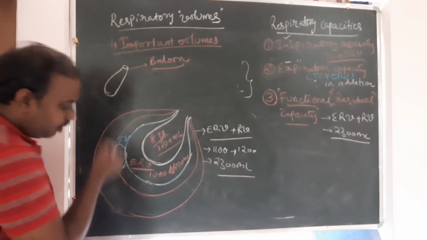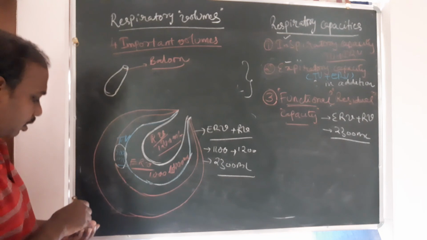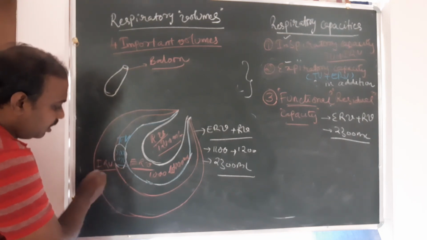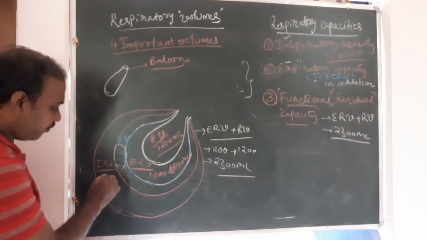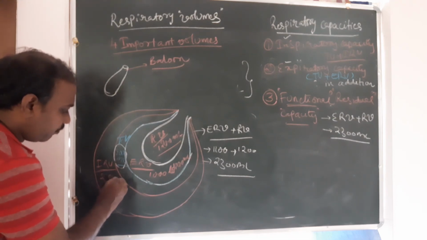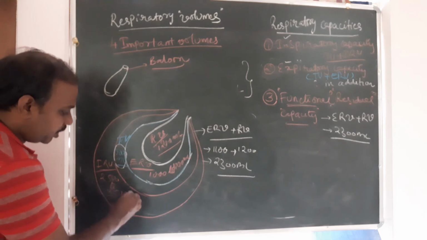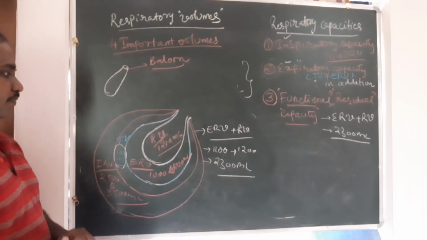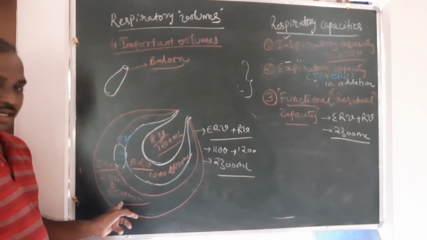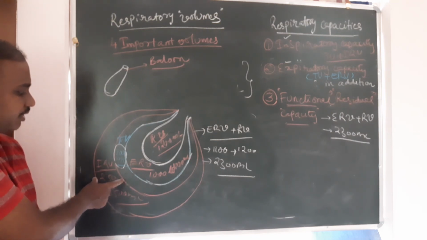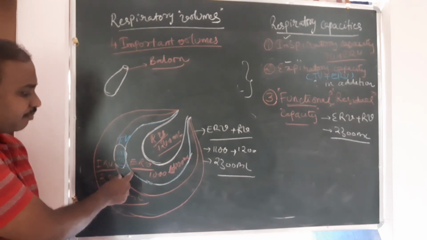So this is the inspiratory reserve volume, that is 2500 to 3500 ml. 3500 ml. Right? So this is the additional volume of air that we can take in at the time of inspiration. So this is the normal inspiration process.